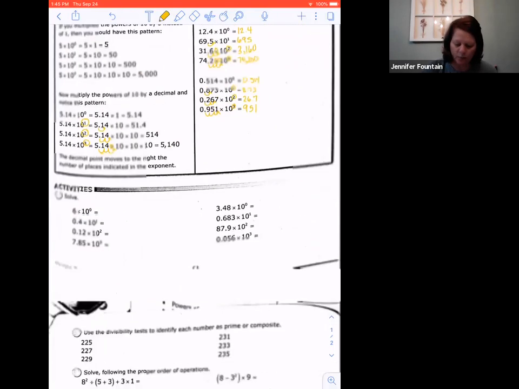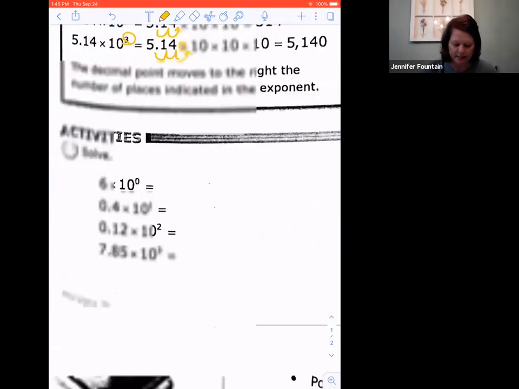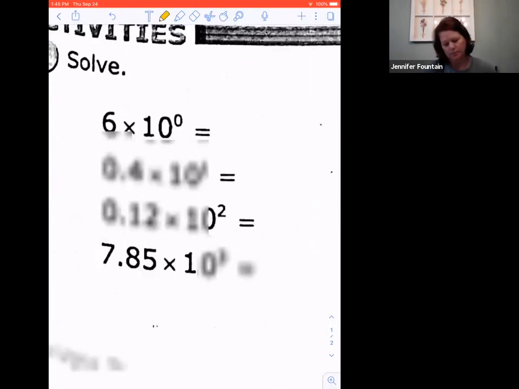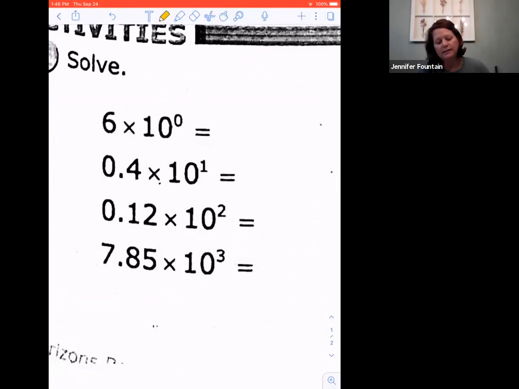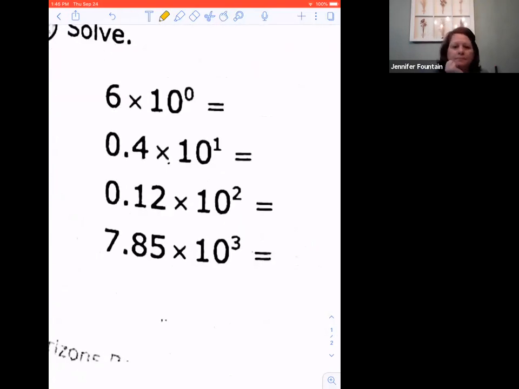So let's go ahead and work through activities 2. Go ahead and work this left-hand column.